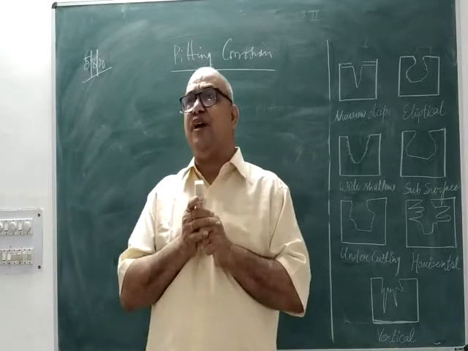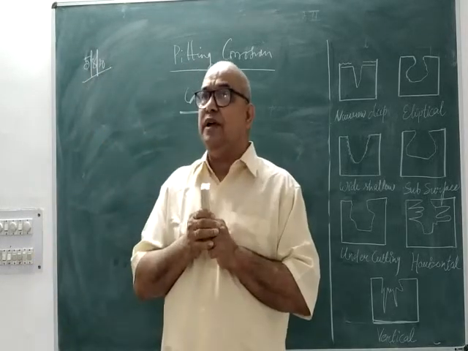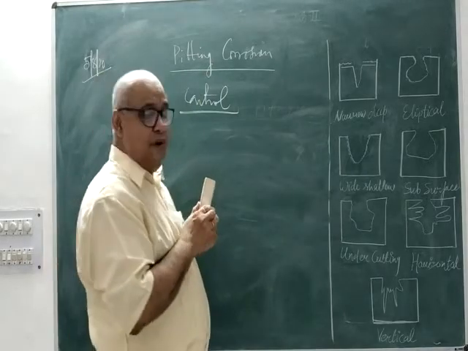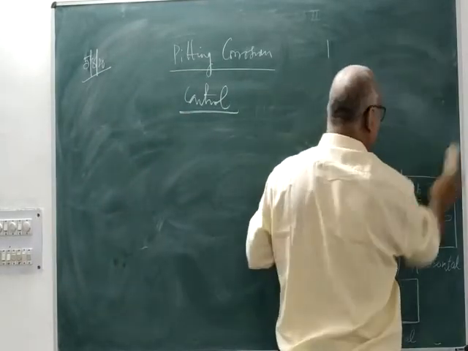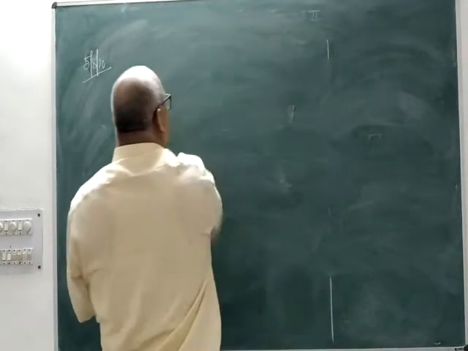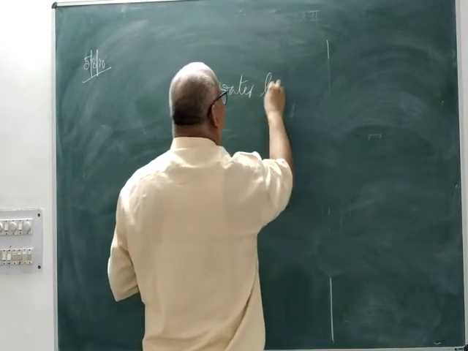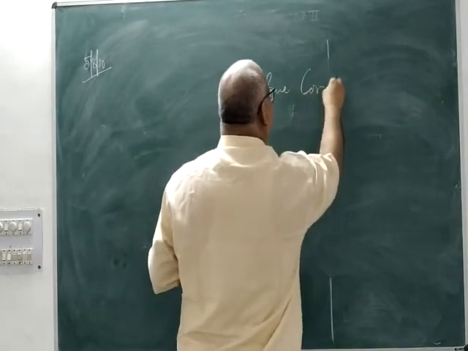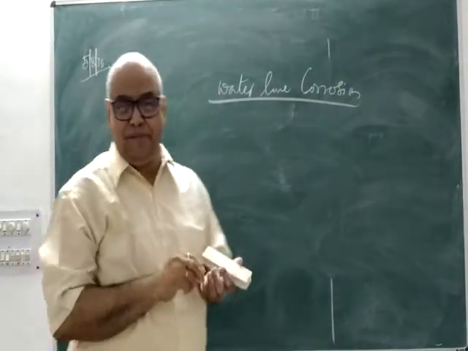Now we are going to discuss another important type of corrosion, that is waterline corrosion, which is very relevant also. Waterline corrosion. You can understand that by the name itself.